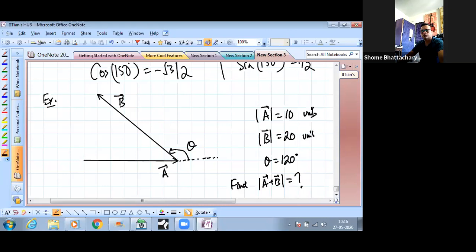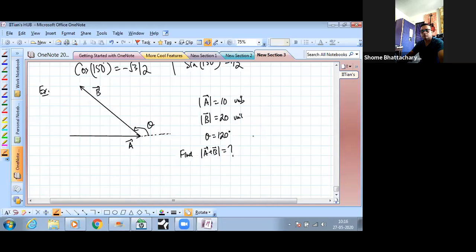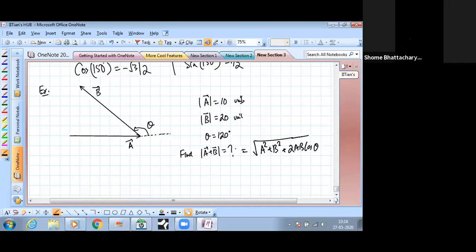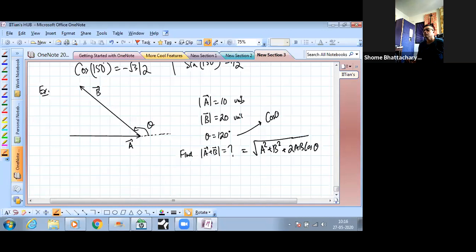Yes, Aman, that is correct. This is the correct answer. So here we just use the formula: the root of a square plus b square plus 2ab cos theta. But in the formula, we'll substitute cos theta, how much? Cos 120, which is minus half.